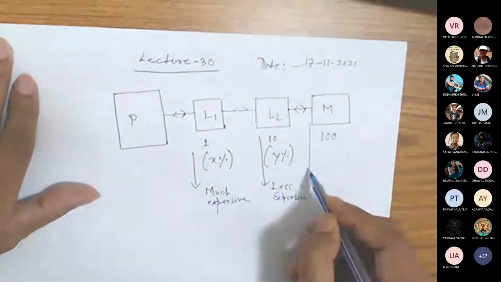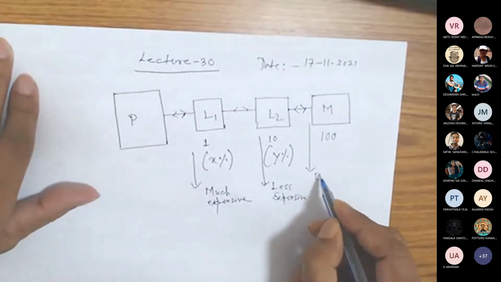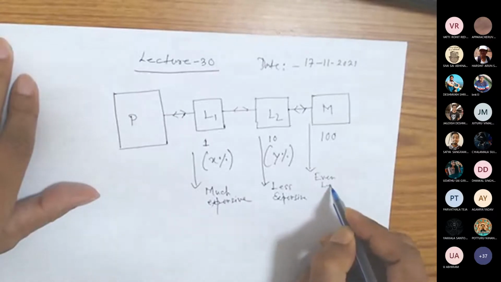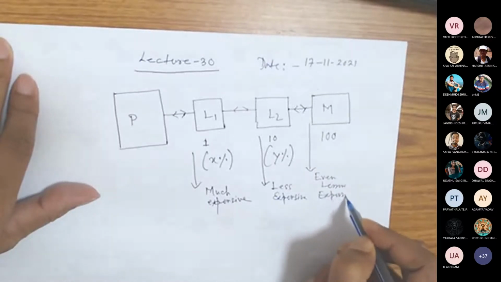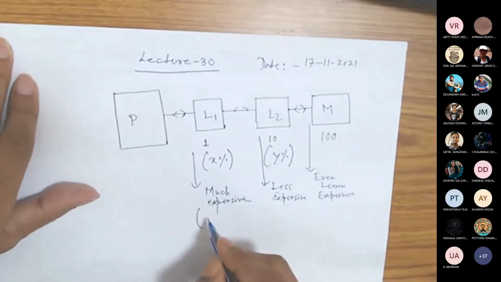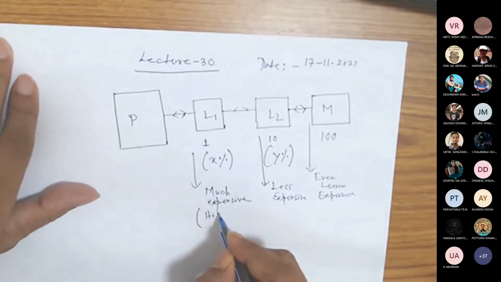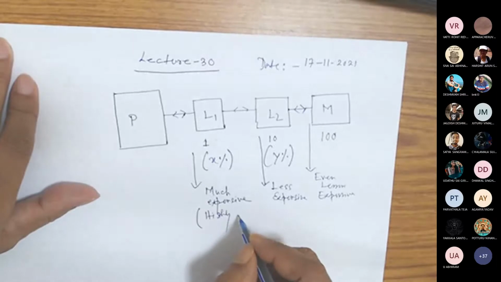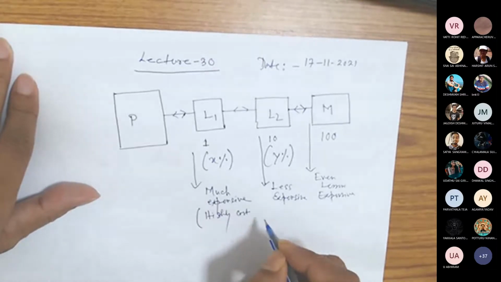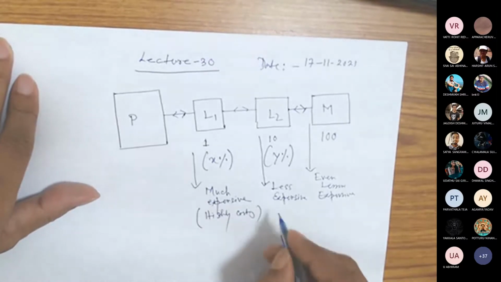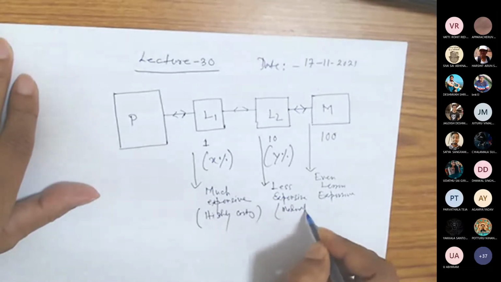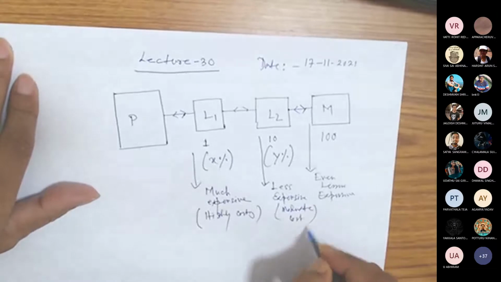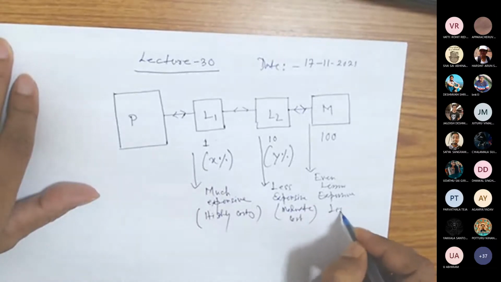This will be even less expensive. This is highly costly, this is moderate cost, and this is low cost.